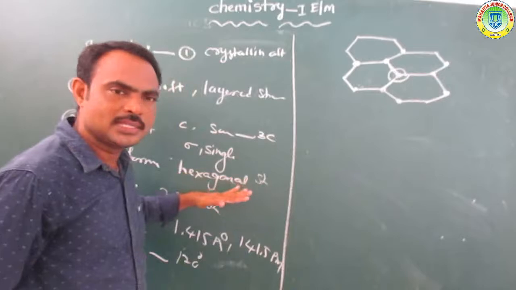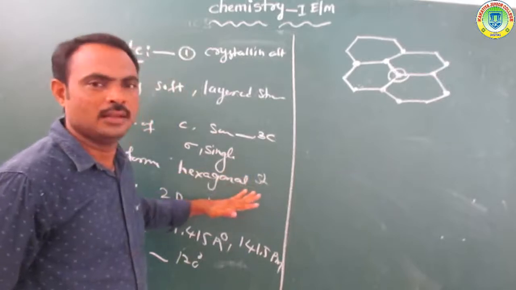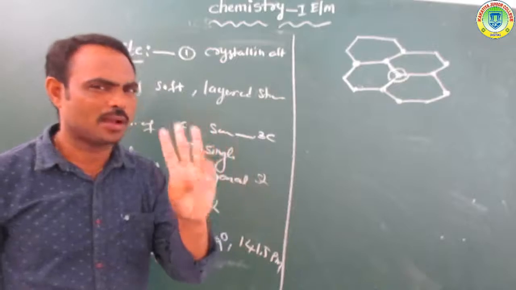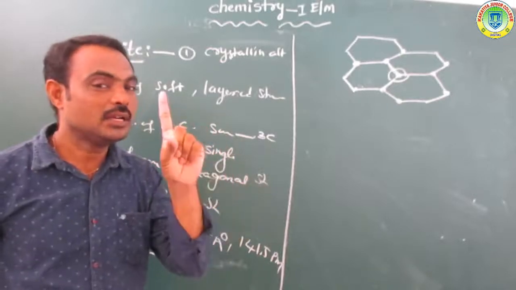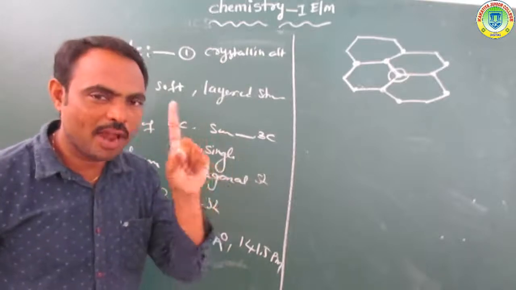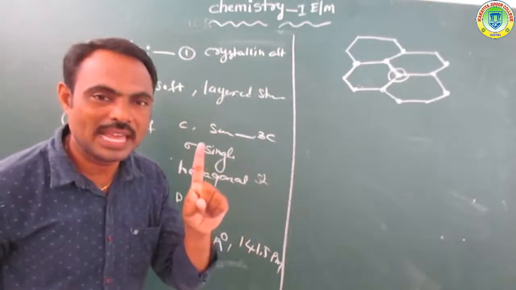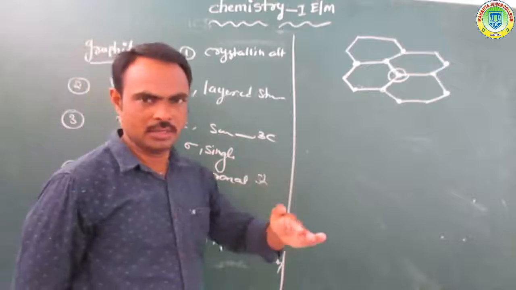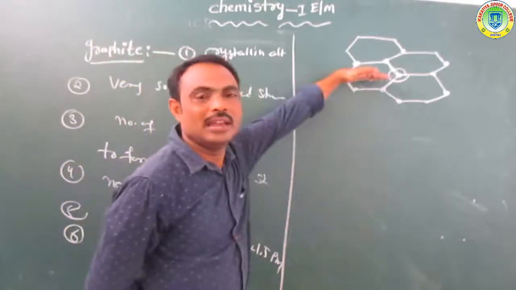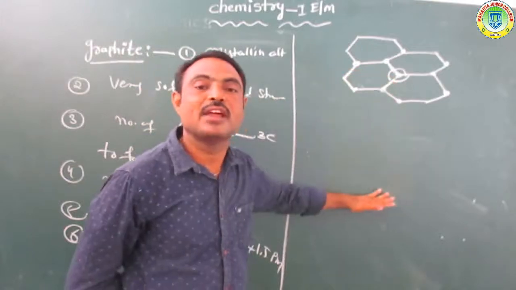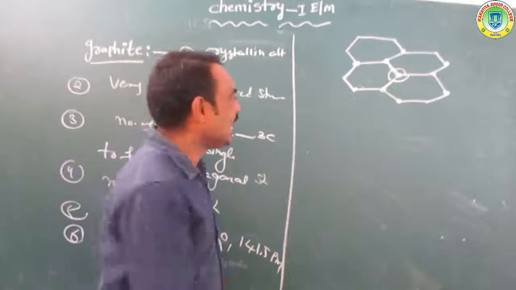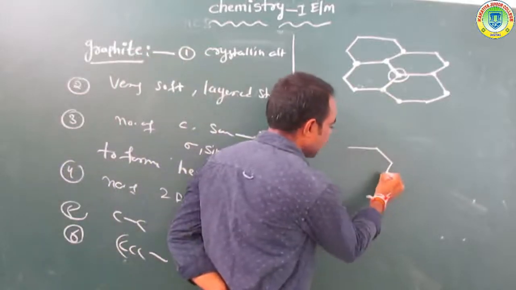In graphite, each carbon atom is attached to only 3 surrounding carbon atoms with sigma or single bonds. But the remaining one electron is attached from one layer of carbon to another layer of carbon. Already we know that graphite is a layered structure, so suppose there is another layer.